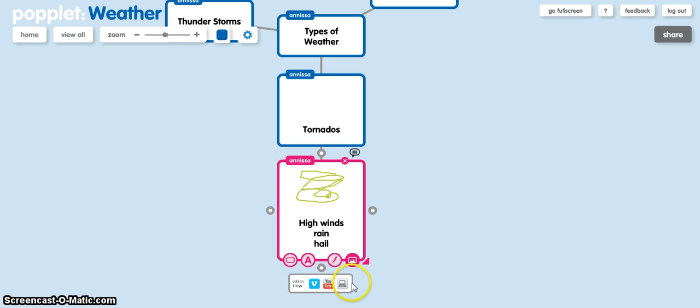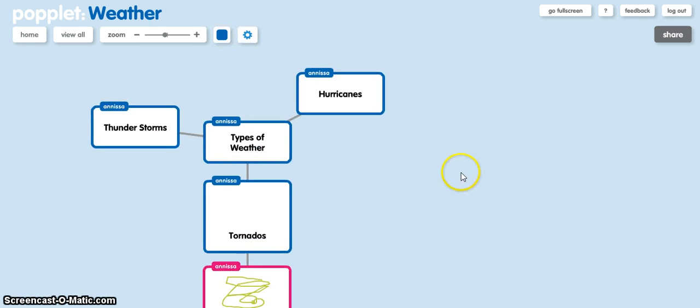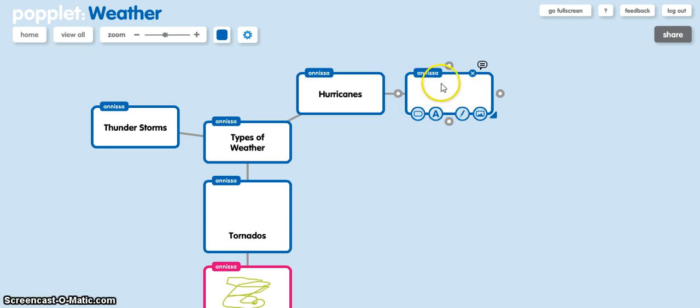You can put your own pictures in there. I can also create a new popple by clicking on another popple and then clicking this button, instead of going back to the settings button.